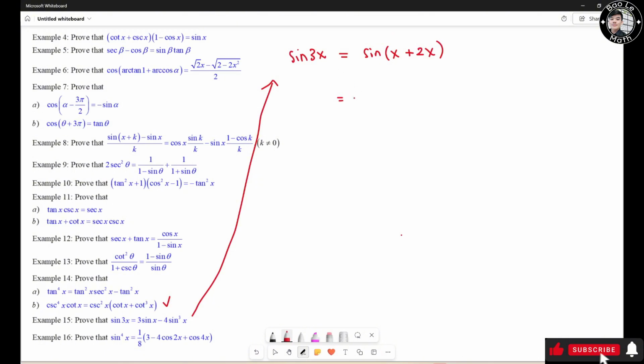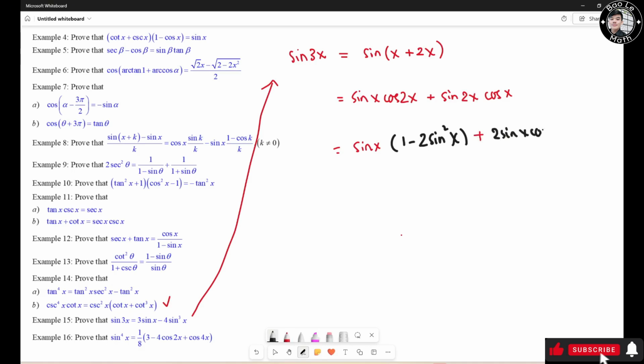So it's going to be sine s cosine 2s plus sine 2s cosine s. Now sine s, I just rewrite it. Cosine 2s is going to be 1 minus 2 sine square of s by the formula. Now the second one, plus sine of 2s by the formula is going to be 2 sine s cosine s, and then I just rewrite cosine s right here.